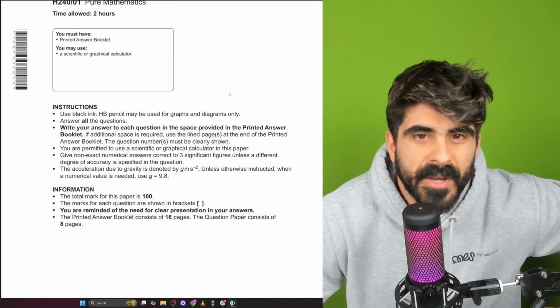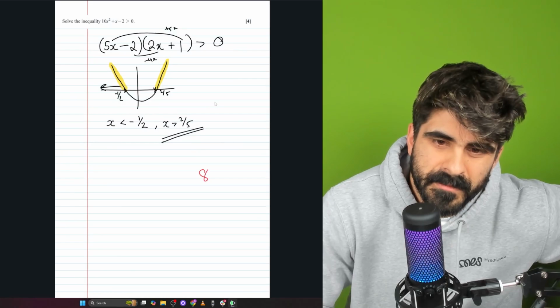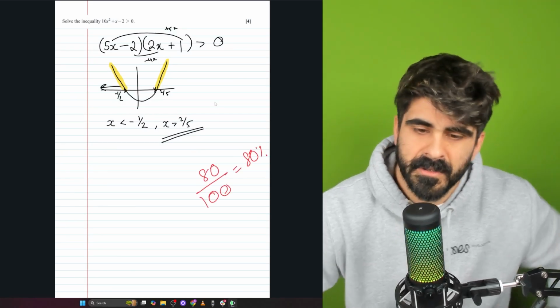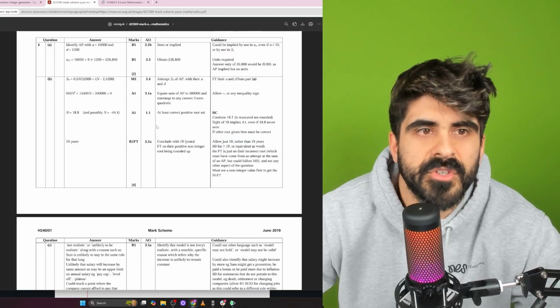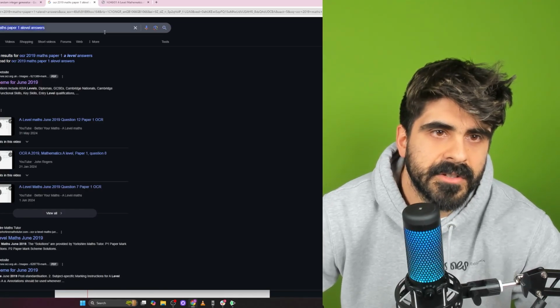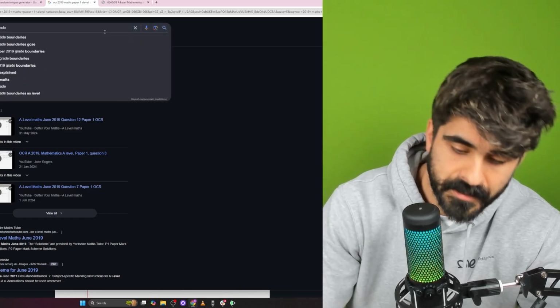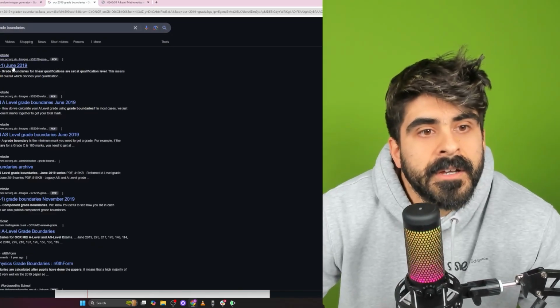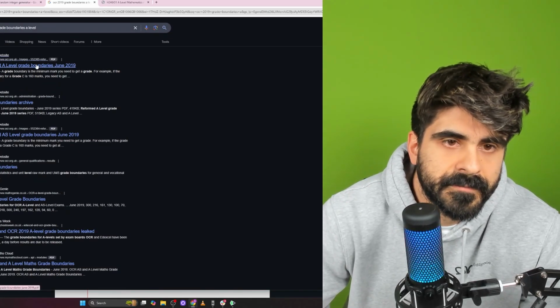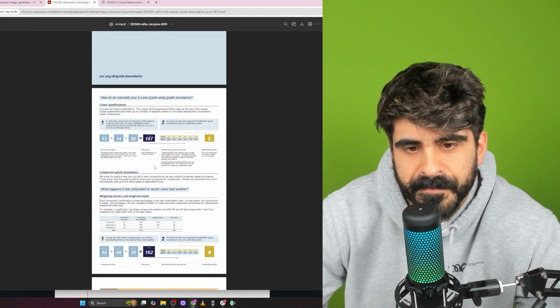What's it out of? Out of 100. So 80 out of 100. So 80%. Was there grade boundaries for here this year? OCR 2019 grade boundaries. A-level. Reformed grade boundaries.